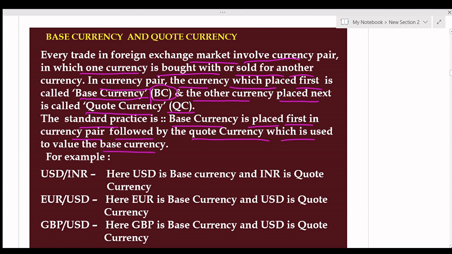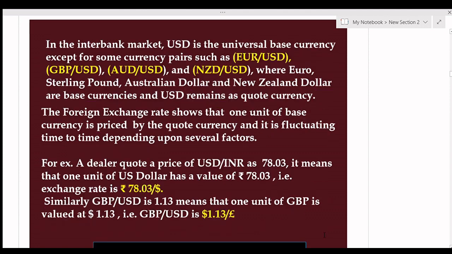For example, USD/INR. Here USD is the base currency and INR is the quote currency. EUR/USD. Here EUR is the base currency and USD is the quote currency. GBP/USD. Here GBP is the base currency and USD is the quote currency.